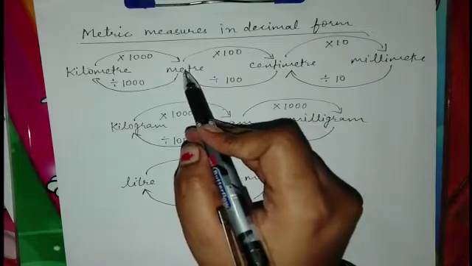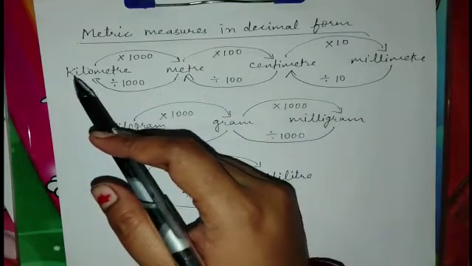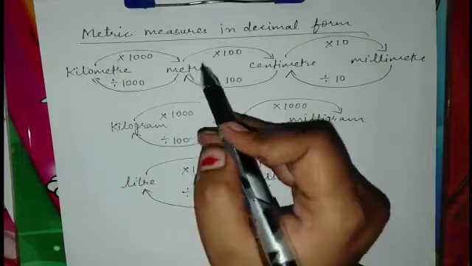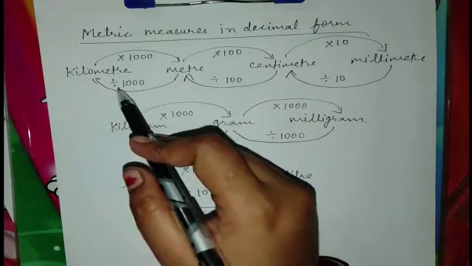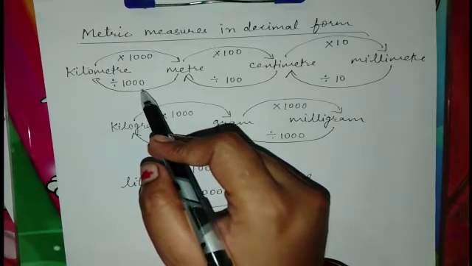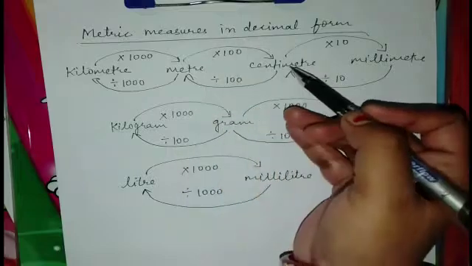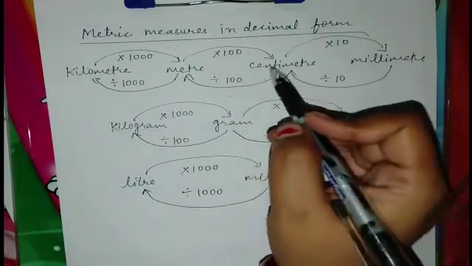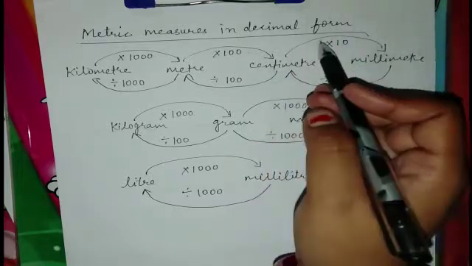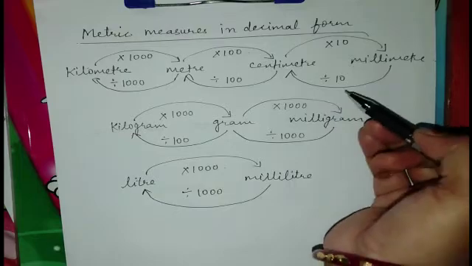And meter to kilometer, we do the division by 1000. Meter to centimeter, multiply by 100. Same, centimeter to meter, divide by 100. Centimeter to millimeter, multiply by 10. Millimeter to centimeter, divide by 10.